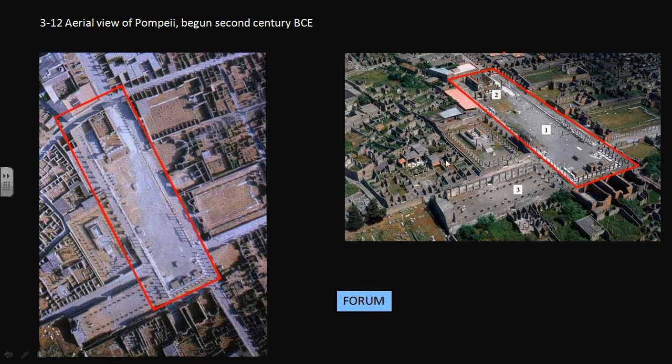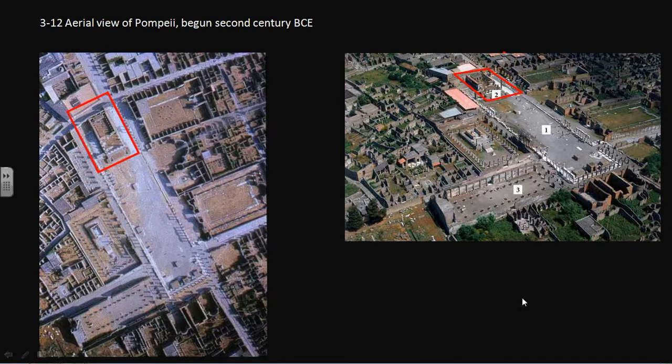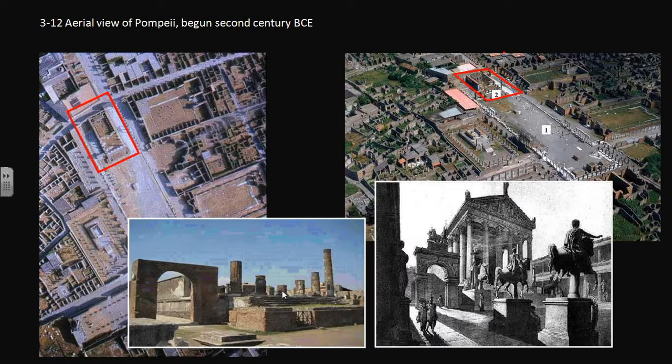And also in the center of the Forum, labeled number 2 over here, there was a civic temple dedicated to the great god of Roman life, Jupiter, the Roman version of the god Zeus from Greece. Remember that the Romans had adopted everything from the Greeks. So inside the center of commerce, there is also a center of religion. And this is the ruins of it here.